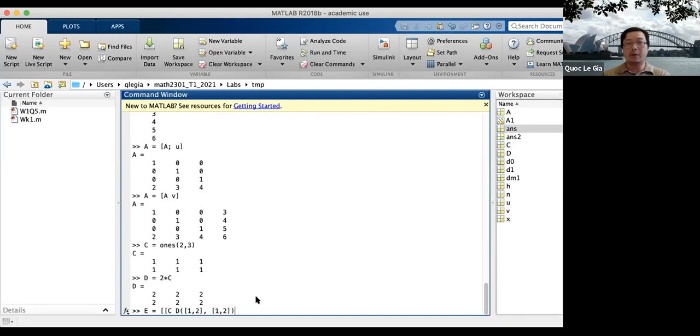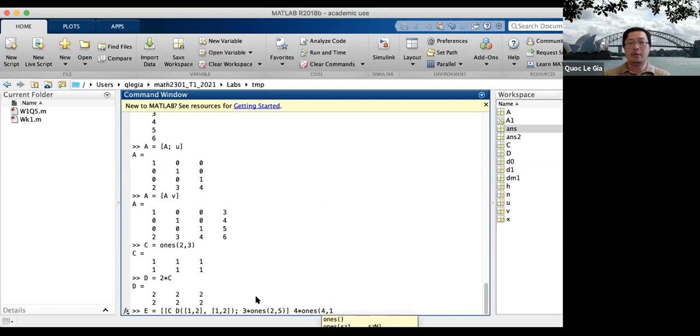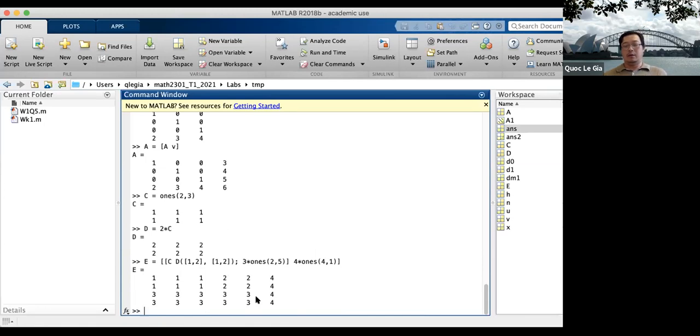You have to type very carefully because otherwise it will not give the correct results. 2, 5, 4, 1, 4, 1. And I hit enter. And you see that it's exactly what we expected.